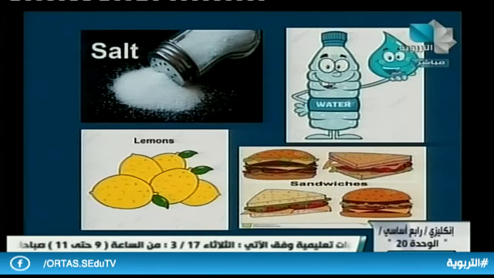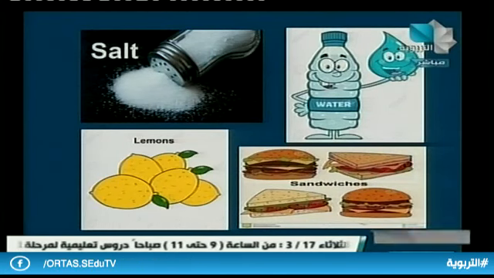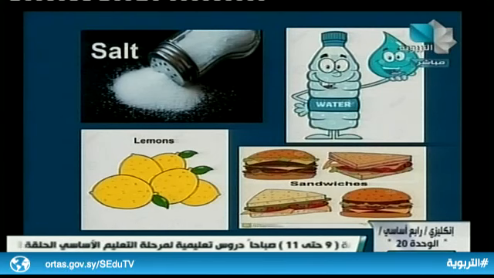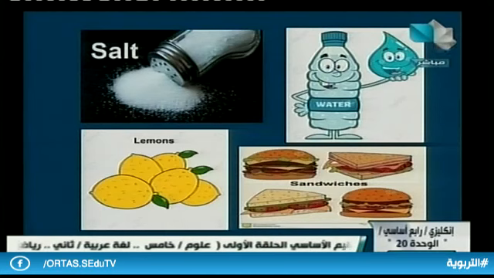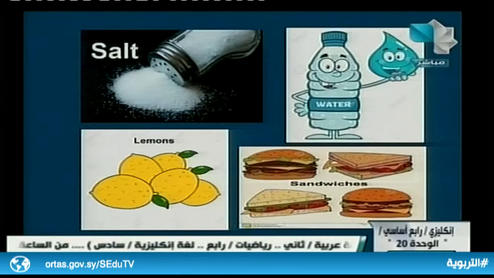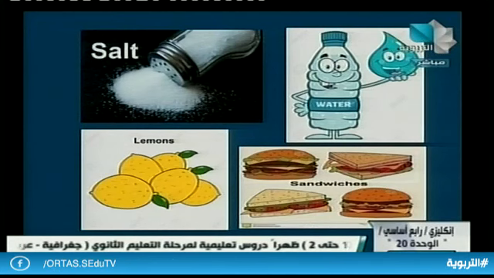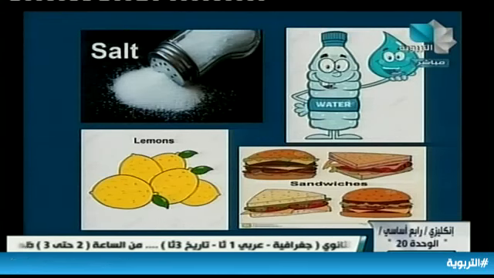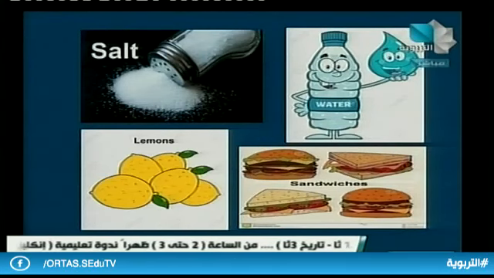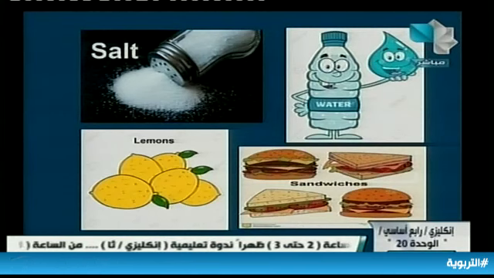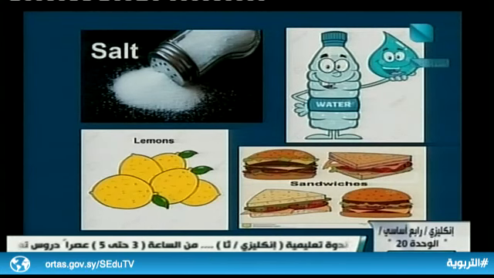Salt, water, lemons, sandwiches. These words are nouns, and there are two types of nouns, countable nouns and uncountable nouns. What are the differences between them? Countable nouns are nouns that we can count and we can put numbers before them, and they have singular and plural forms.